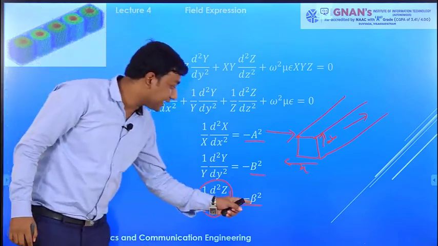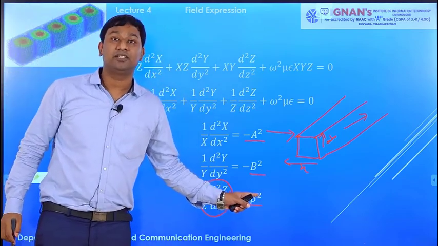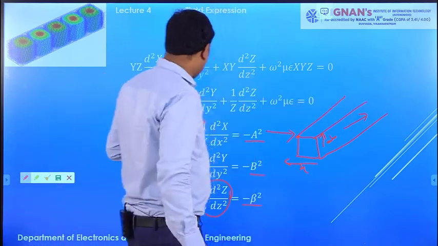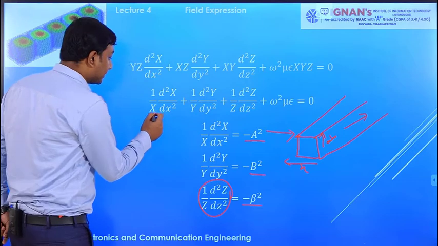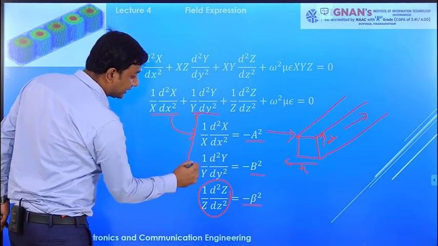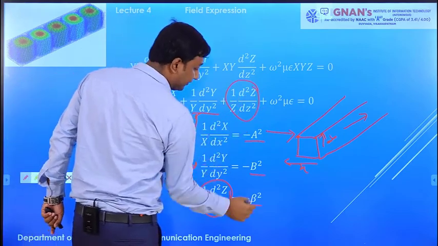Whenever we see the z direction, beta is the phase constant. So the phase constant will come in this direction. Here we divided into three parts: one constant, a second constant, and this part is the phase constant.